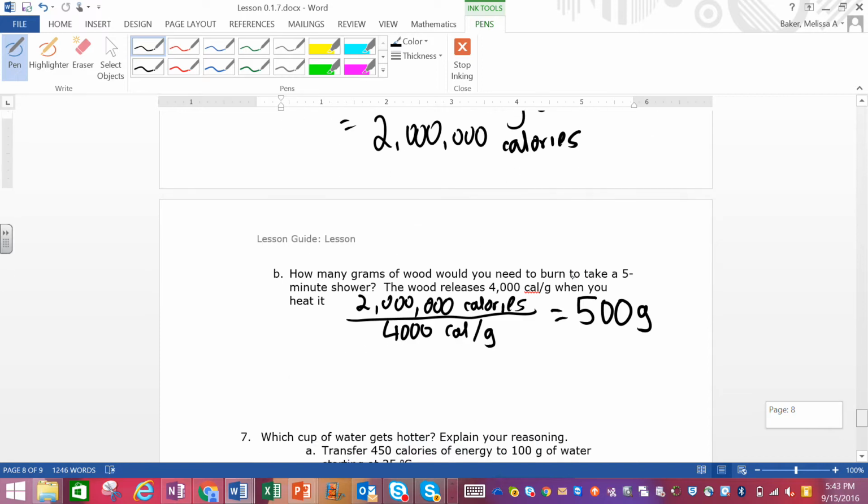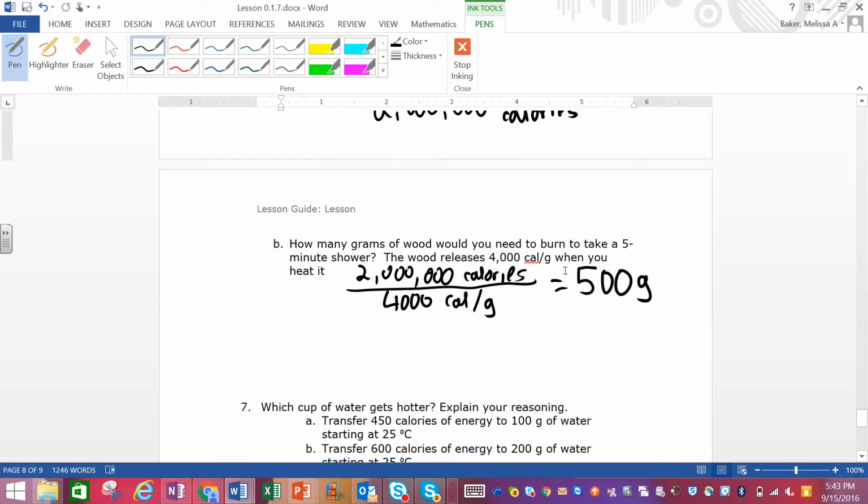It'd be interesting to convert that into pounds. Let me see if I can do that real quick, just out of curiosity. I gotta look up the conversion. Grams to pounds. 1 gram is 0.0022 pounds.